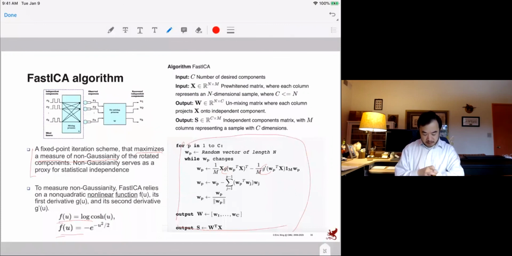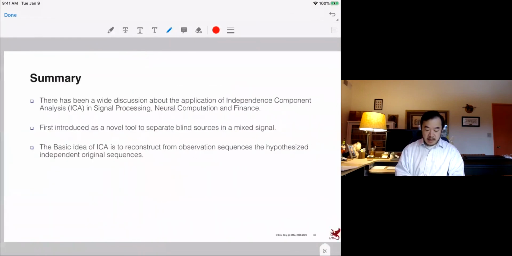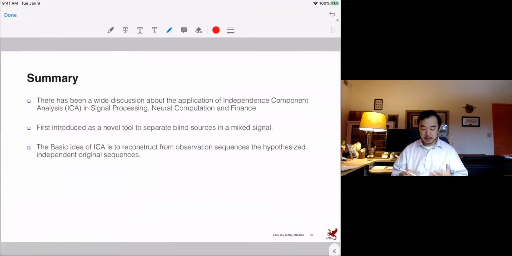So just to sum up, the ICA algorithm basically is trying to solve the signal separation problem and demixing problem. And the basic idea is to really reconstruct from the observation data those independent sources by maximizing non-Gaussianity and still using a linear transformation between the observed signal and the transformed signal.